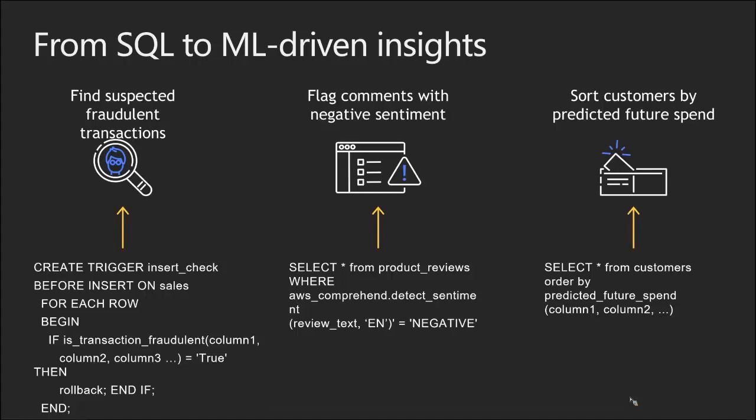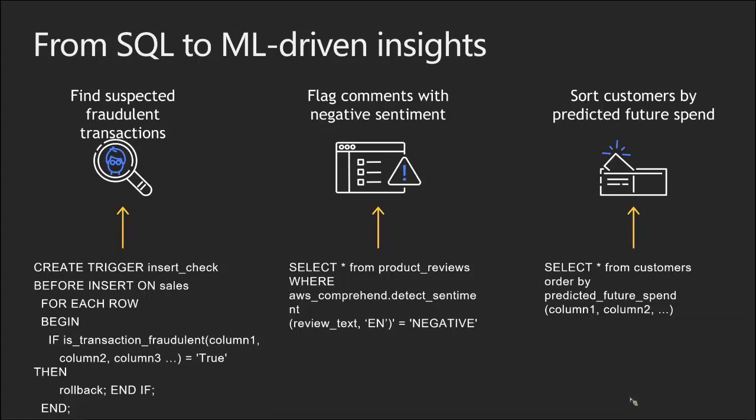And I can call a function called detect_sentiment, where I give that column as input, and en means that I'm processing it in English, and several languages are available. And in this example, I want to look for the ones where the sentiment is negative. So the sentiment can be positive, negative, or neutral. And then maybe I do something with the ones that have a negative sentiment.